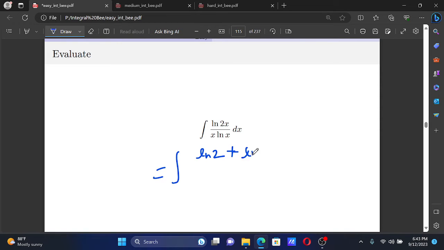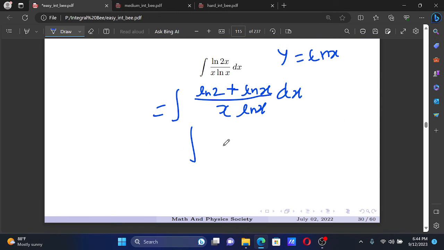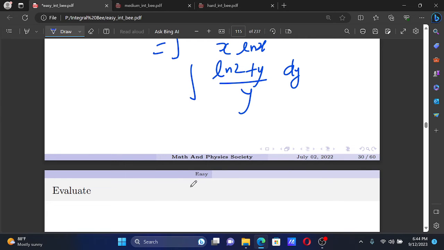But this, we can use the property of logs, that log of AB equals log A plus log B. And then we have x ln x. Now you can let y as ln x. If you let y as ln x, we will have (ln 2 plus y) by y, and 1/x dx is just dy. After that, it's a lot easier.